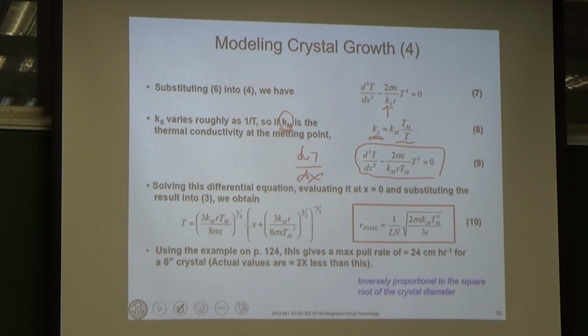So we can have our pulling rate. Okay, we solve this analytically. We have a T, and we can take the differentiation and then plug into equation 3. Then we will have equation 10 here.